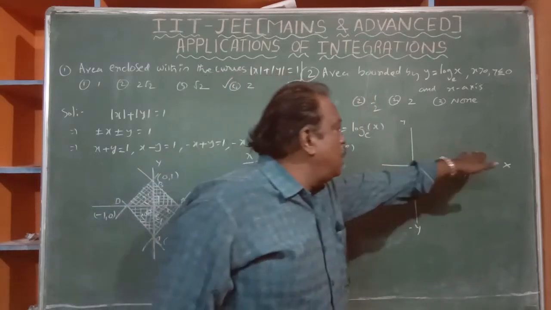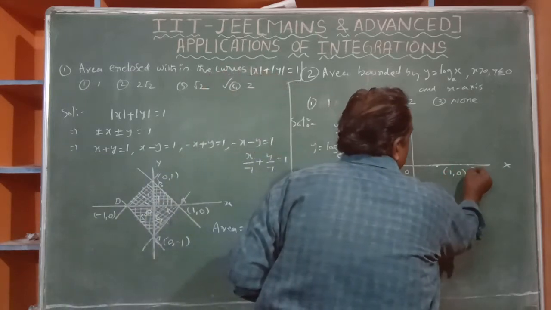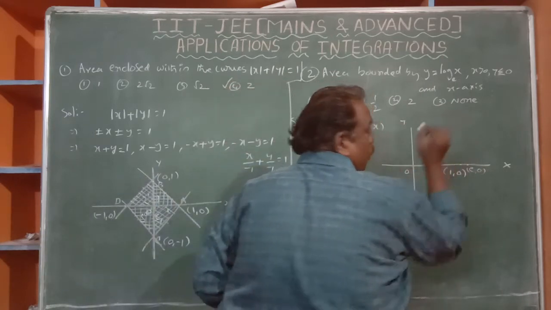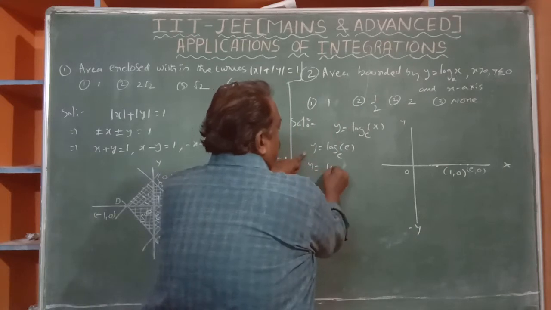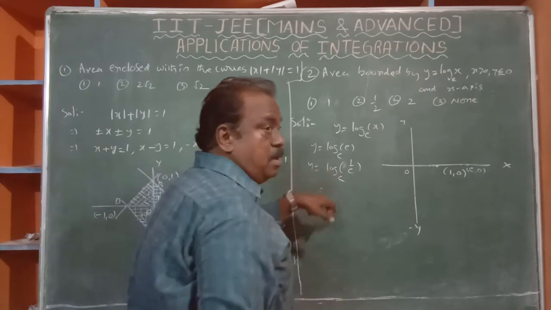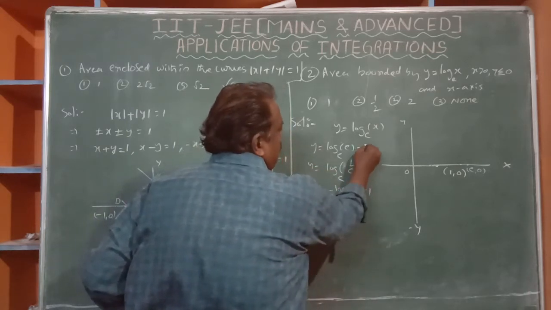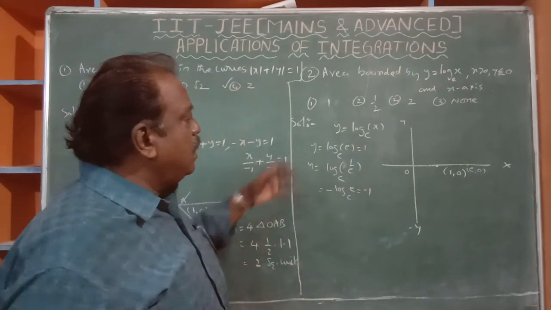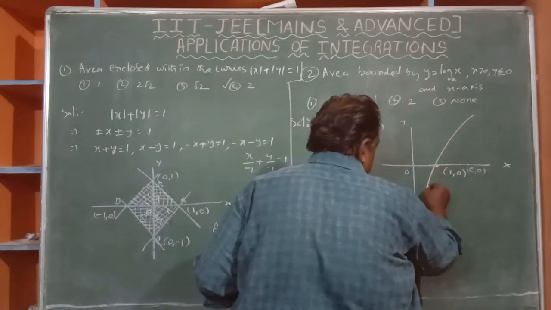It is more than 2.7. So just like you assume this is e comma 0. Right. When x is equal to 1 by e, it is log of 1 by e, which means minus log e to base e. Here is minus 1, here is 1. So here we can understand the curve is like this.